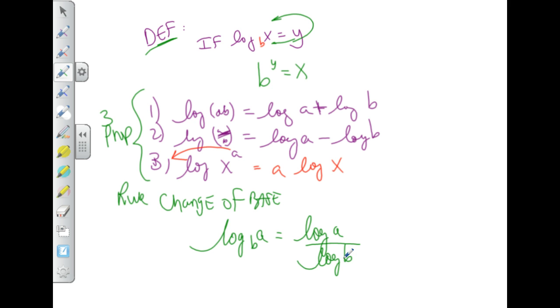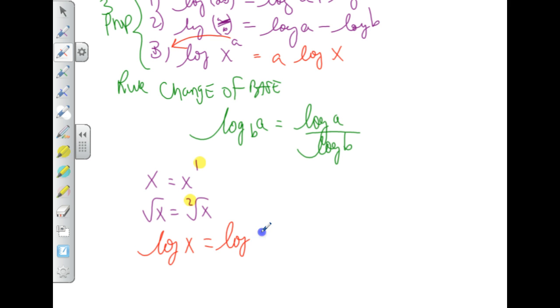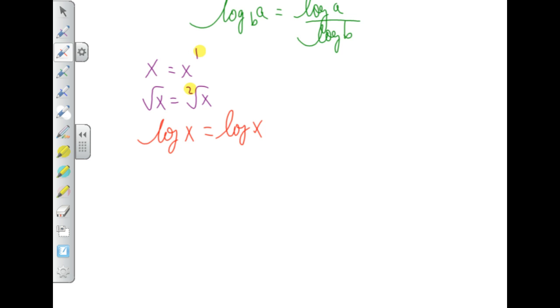So what's so important about base 10 is we have some understood numbers in math. x is equal to x to the first. The square root of x is equal to the square root of x. So I have this understood 1 and I have an understood 2. For logs, the log of x is equal to the log of x base 10. So whether I write the 10 or not, it's understood to be there.